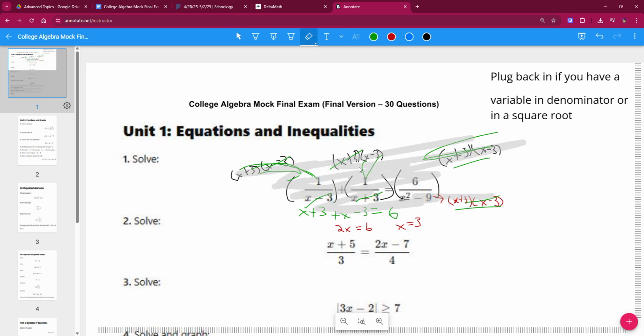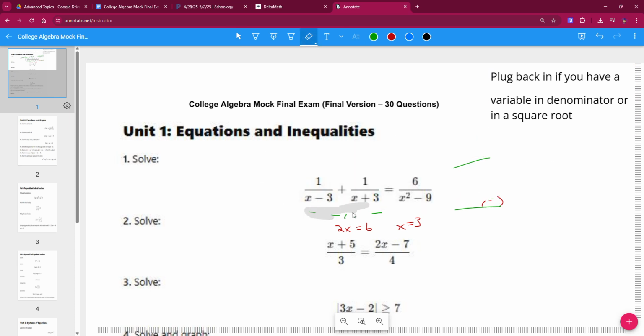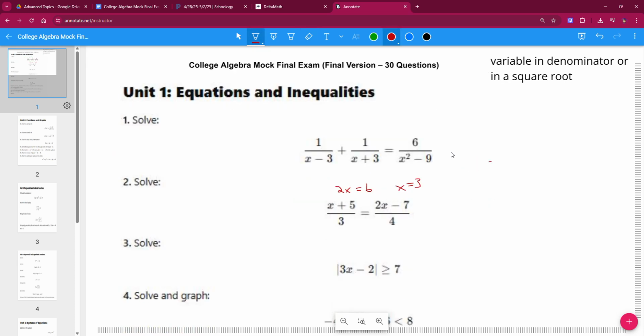So let me erase this just so I can see it a little bit better. So here, I'm going to plug in x equals 3 into all of these. So 1 over 3 minus 3. So I'm plugging in x equals 3 where x was.